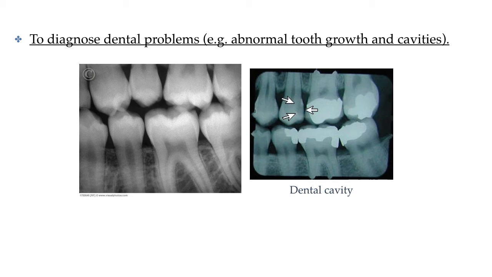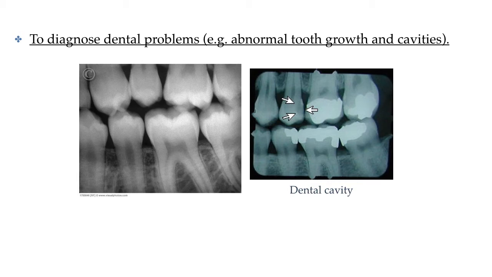But if you have any areas that are a little bit less dense, those will appear as not as white, so darker areas, and that indicates a cavity. Also, the X-rays can give an indication of where the teeth are, the shape of the teeth, the shape of the roots. You can check if you have impacted teeth, teeth that have not come out yet, that are stuck in the bone, teeth that are coming in crooked, and so on. So it gives you a lot of information about tooth growth as well as cavities.